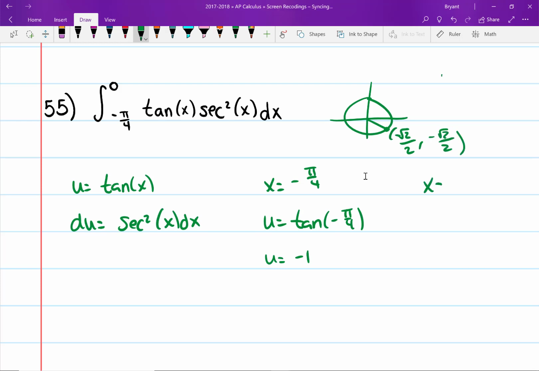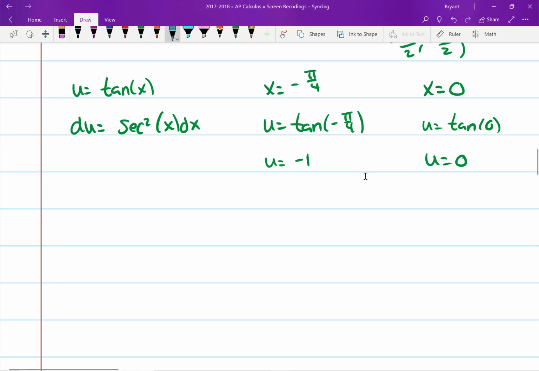And then we have x is equal to 0. So then u is equal to tangent of 0. So u is equal to 0. Because that would be this angle right here on the x-axis. So now I'm going to rewrite my integral. And we get this is the integral from negative 1 to 0 of u du.